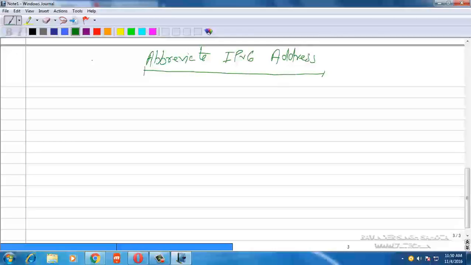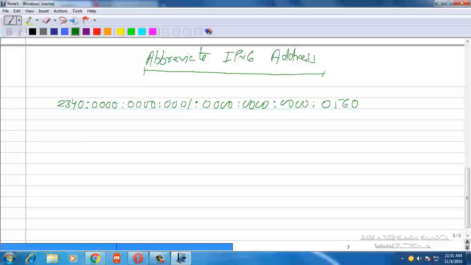For this, let's suppose we have an IPv6 address which is say 2340 colon 0000 colon 0000 colon 0001 colon 0000 colon 0000 colon 0000 colon 0560.